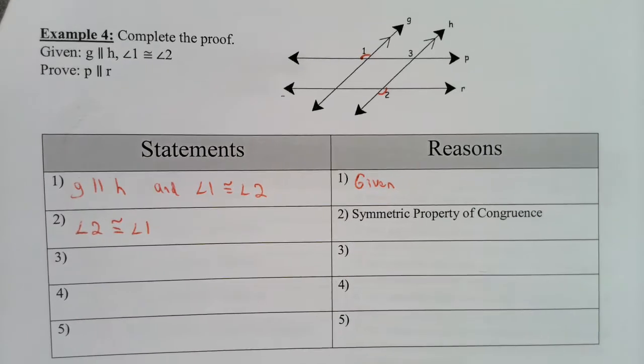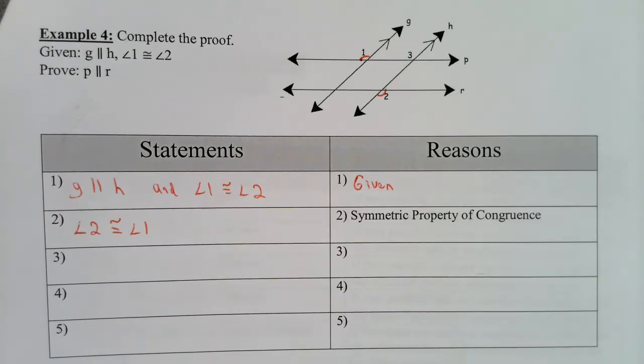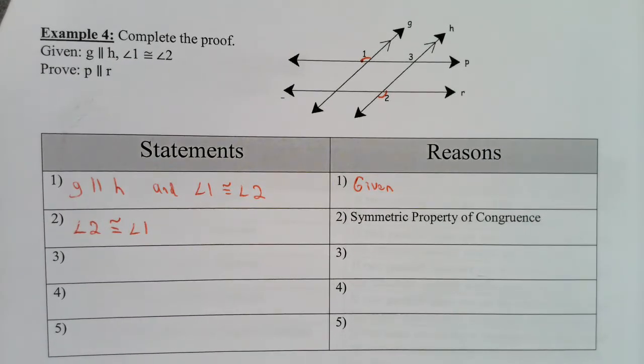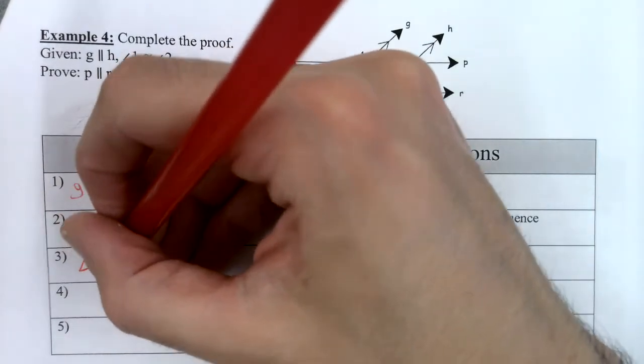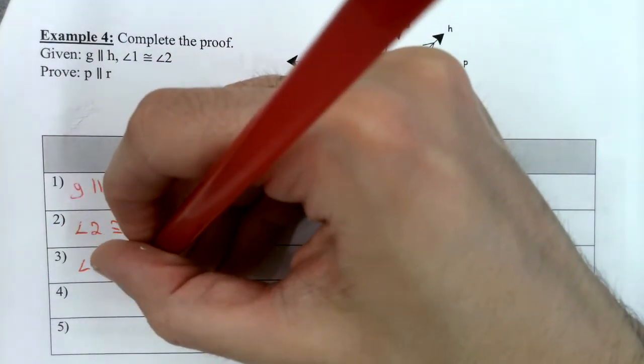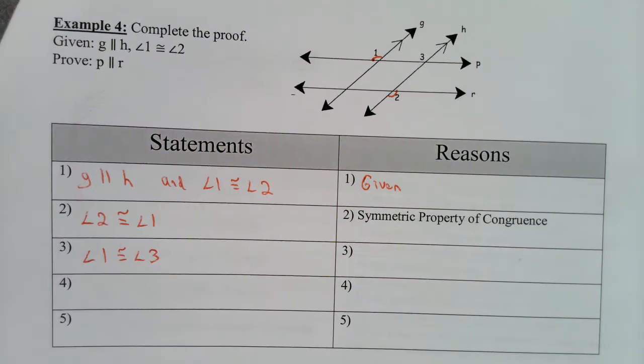Now, check out angle 1 and angle 3. 1 and 3 are corresponding angles, and you know that corresponding angles are congruent. So I'm going to say angle 1 is congruent to angle 3. What is that reason?